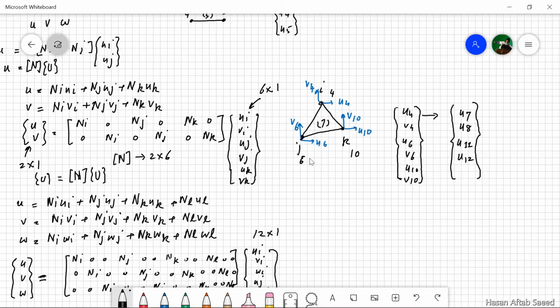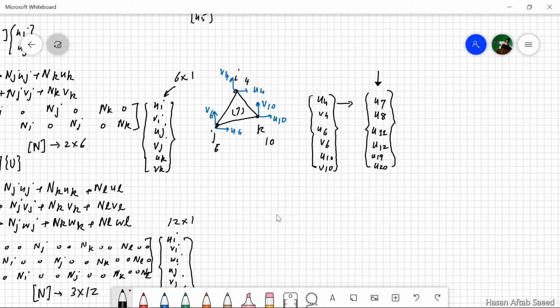Similarly for node 10, the available degrees of freedom will be 19 and 20, because the first 9 nodes will already have accounted for the first 18 degrees of freedom, because this is a 2 degree of freedom system. Each node has 2 degrees of freedom. So here we have U19 and U20. So this is how the computer deals with these degrees of freedom numbering. It doesn't bother with U, V, and W.